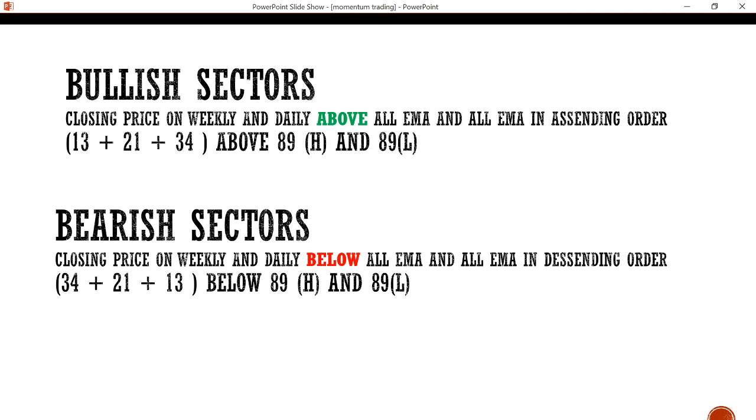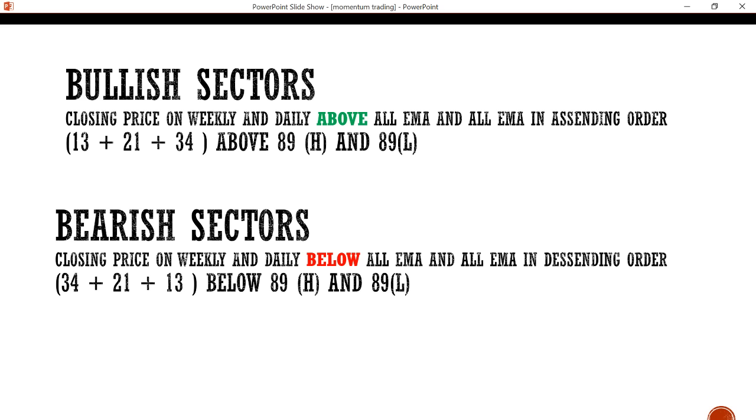The time frame for candlestick charts is the weekly closing, and the bullish sectors for me are those whose prices are closing above the EMAs of 13, 21, 34, and the EMAs 13, 21, 34 are above the channel of 89 high and 89 low.